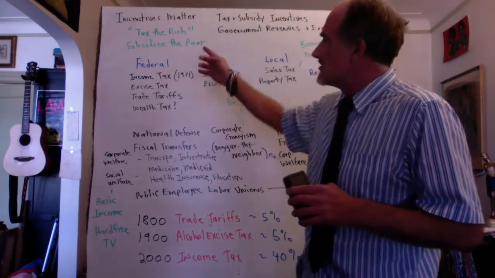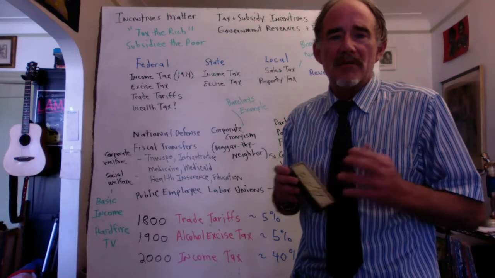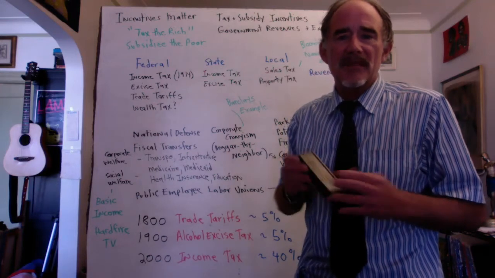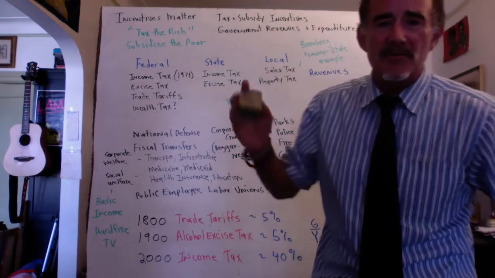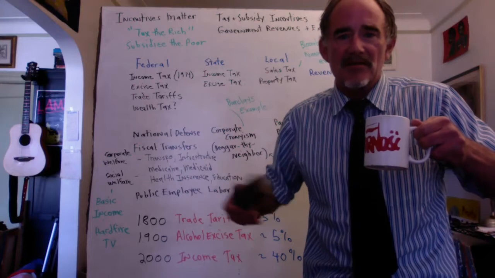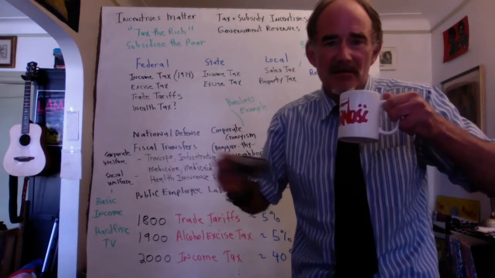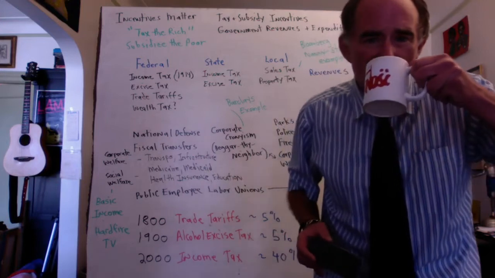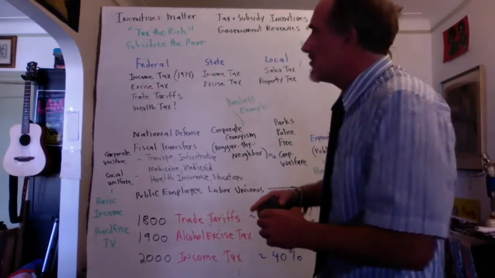And then we also have the idea that we should subsidize the poor, when in fact that just perpetuates poverty. The poverty trap of if you remain poor enough, then you are entitled to things. So we have the entire incentive structure under the welfare state misapplied. Tax the rich and subsidize the poor.